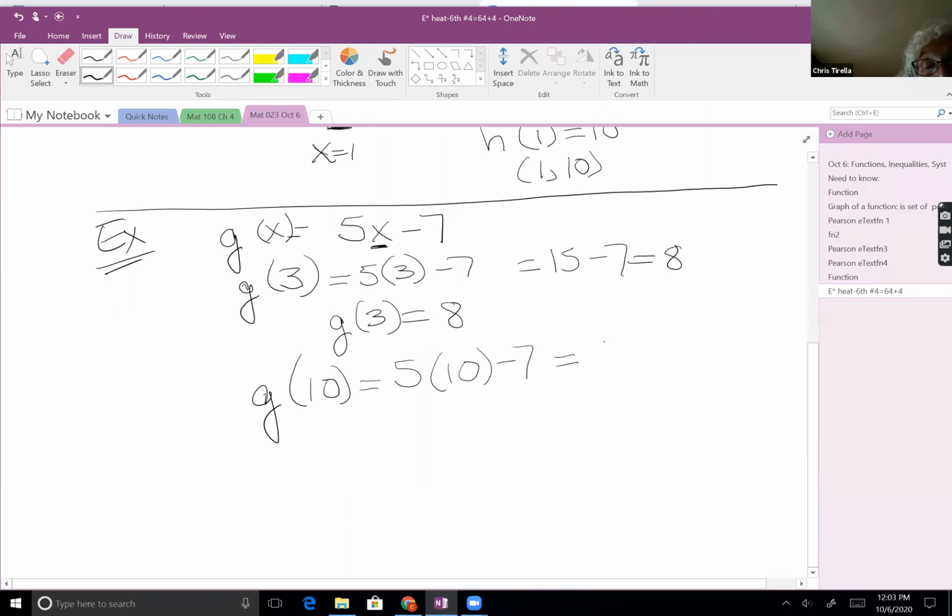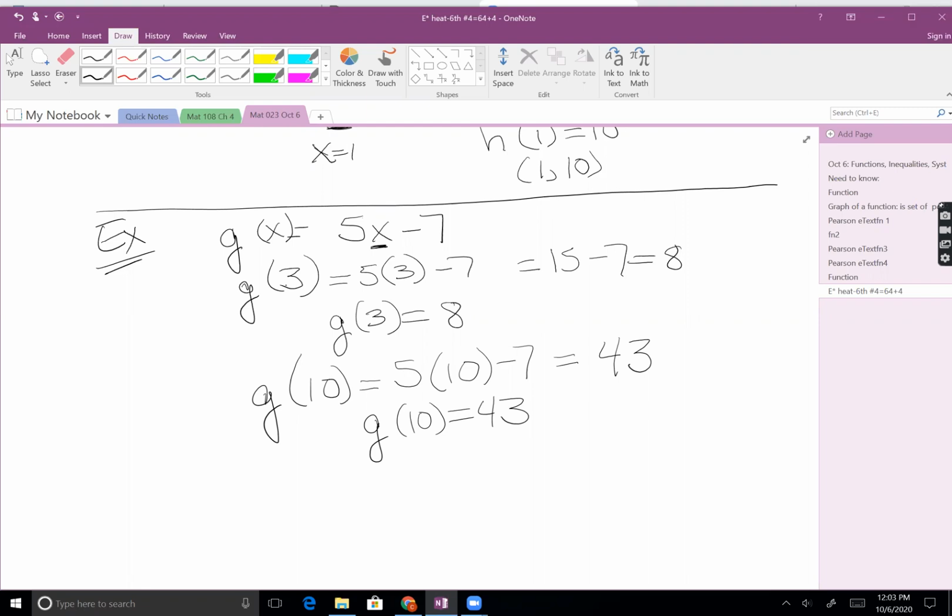And 50 minus 7 would be 43. So final answer, g of 10 is 43. And when we see this function notation, all we're doing is replacing the variable with whatever number is in the parentheses. Make sense?